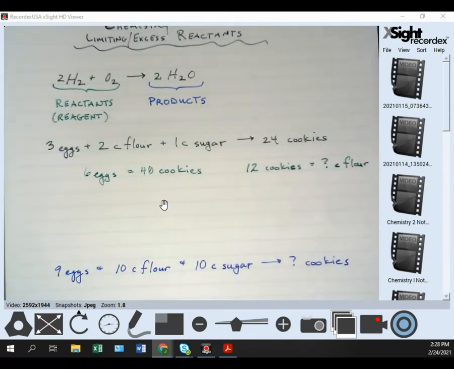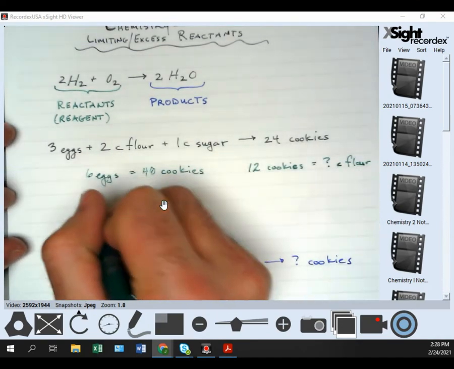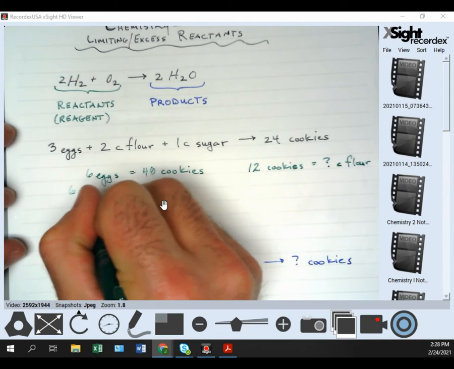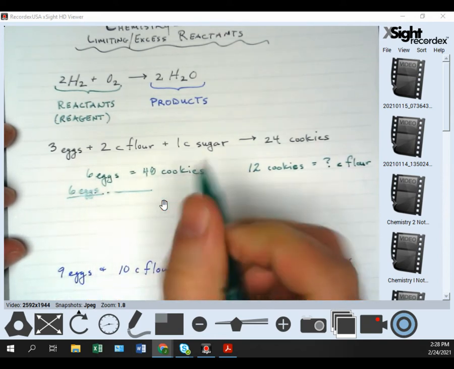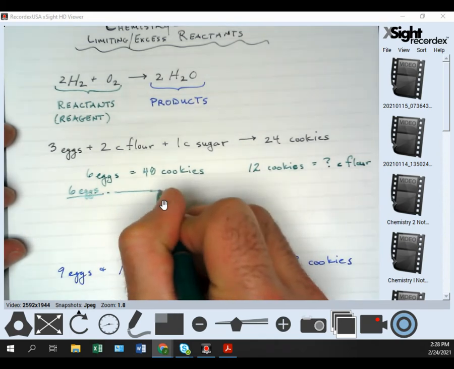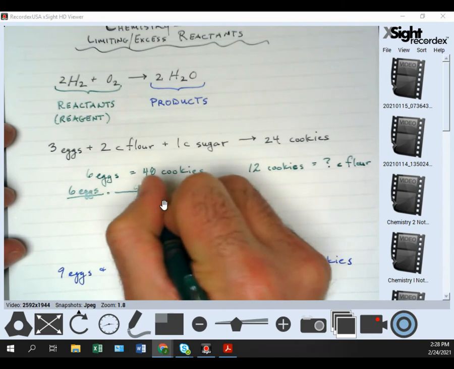Now, let me show you something. If we took six eggs, we did a conversion. We know eggs here, and we want to know how many cookies.